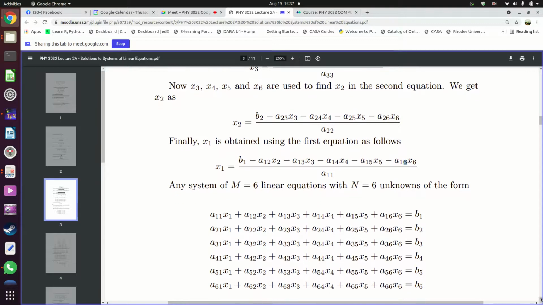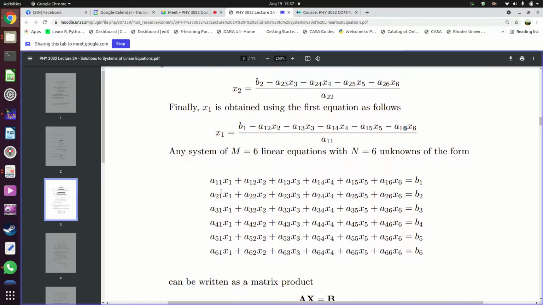Now, why did we write things the way we wrote them, with our coefficients showing, this column, then this row and column? Like, why did we do that? If we just consider the most general case, you would normally be given an equation like this: a11 x1 plus a12 x2 plus a13 x3 plus a14 x4 plus a15 x5 plus a16 x6 equals b1.